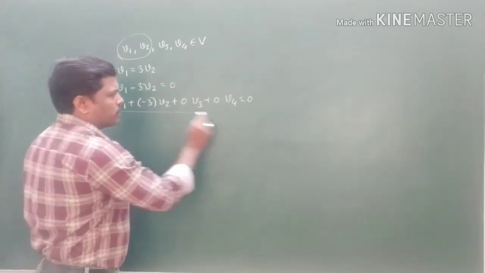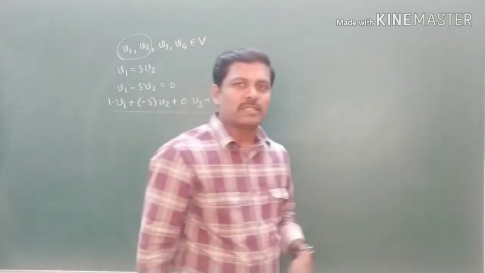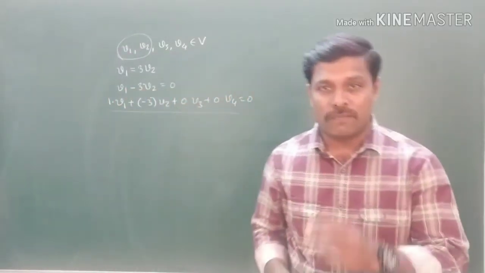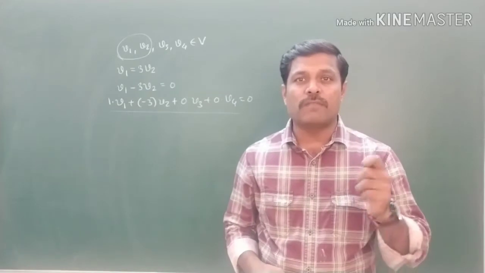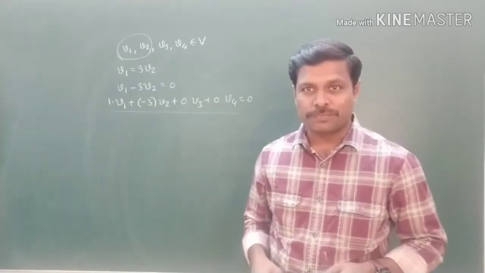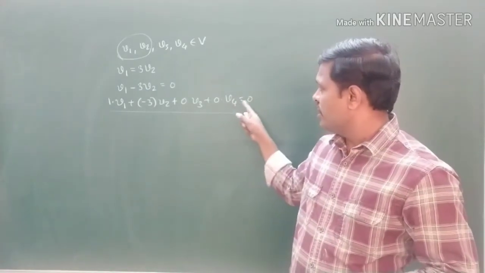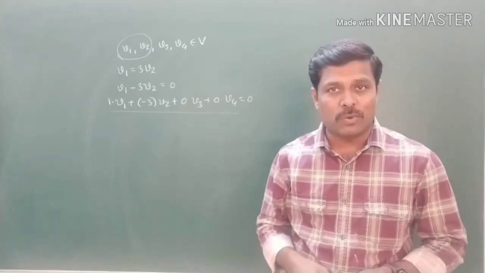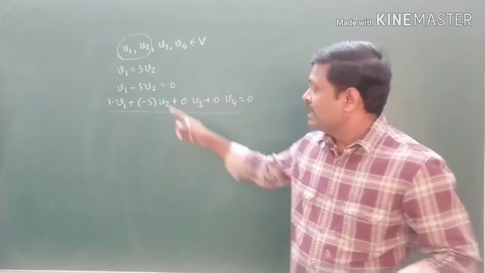And if you observe the left hand side, this is a linear combination of the 4 vectors V1, V2, V3 and V4. And the value of this linear combination is equal to 0 on the cost of the scalars.